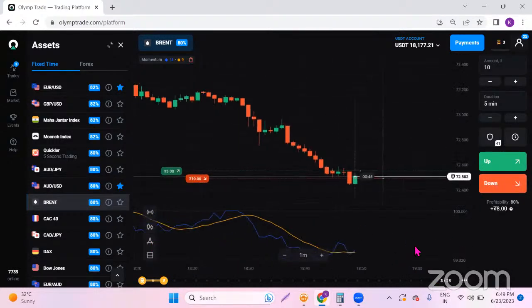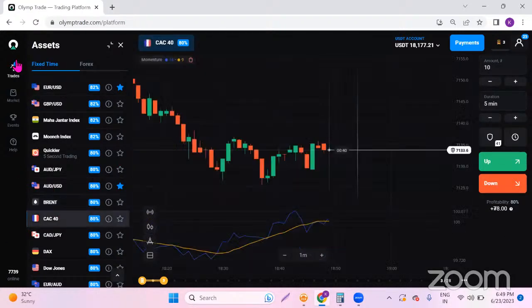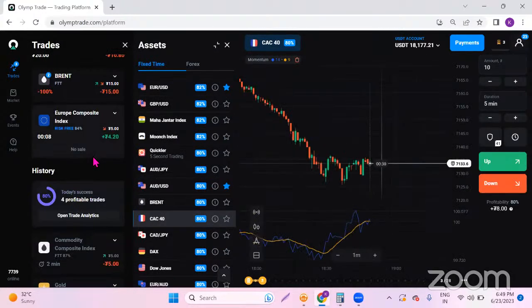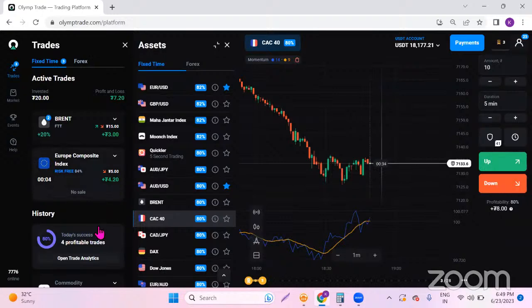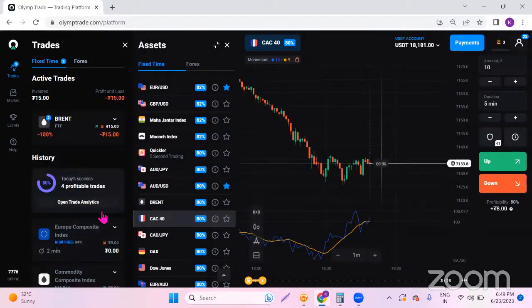Now here the yellow line has intersected, and it is somewhere giving a downward trend. So let's see how this goes. Okay, so the risk-free deal, we just lost it for a couple of seconds, but again our money is still safe.